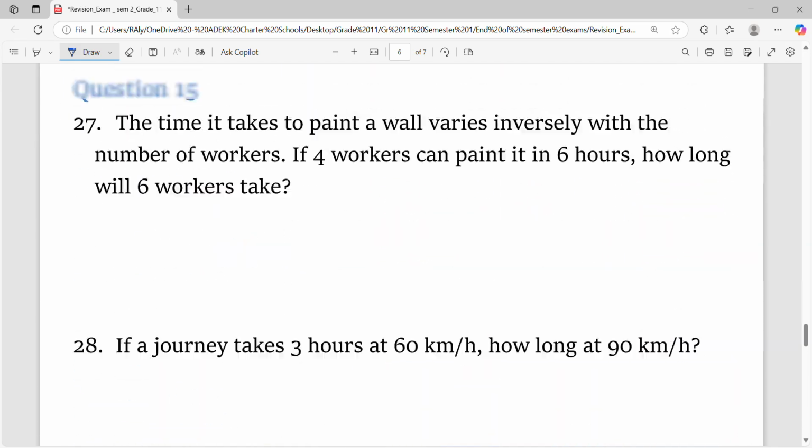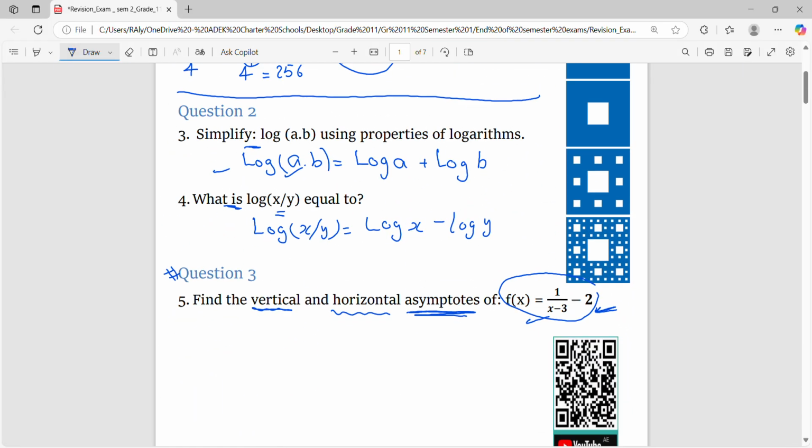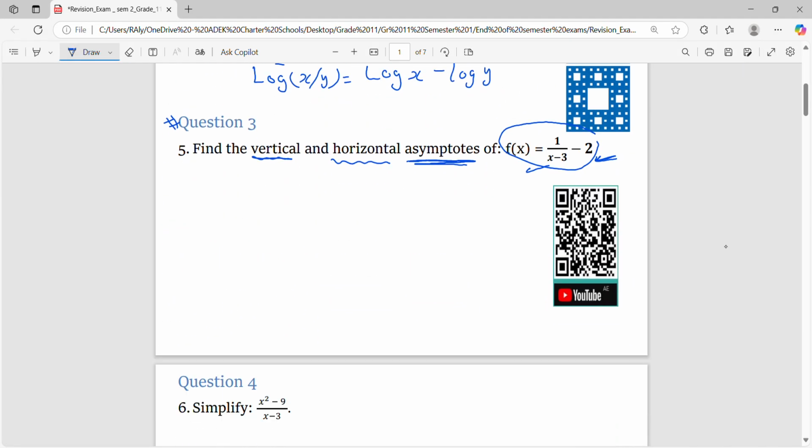So go back to the original question. I will ask you and wait for a moment to hear your answer. Vertical asymptote equals: go direct, take the answer from the denominator here. What is this? Minus 3. So you need to change the sign. If it's minus 3, please write 3 without minus. What about the horizontal asymptote?